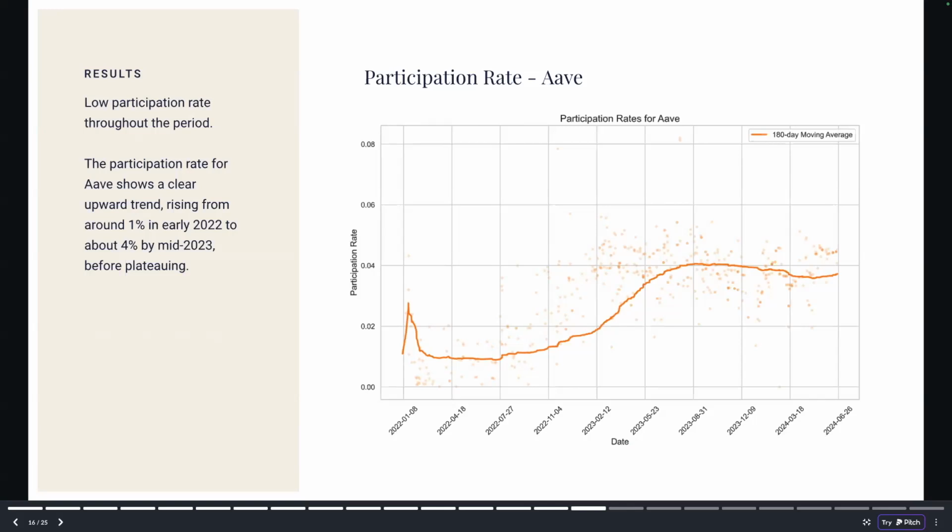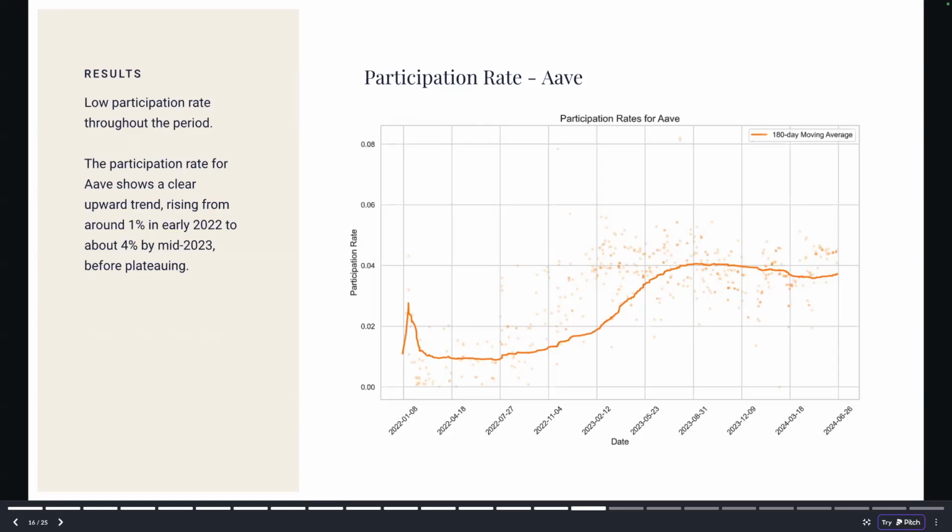What generally is true for all protocols is that the participation rate is tremendously low. Here for Aave, we can see that in the beginning, in August 2022, they are at approximately 1% participation, which is not a lot, and then increasing over time to about 4%.